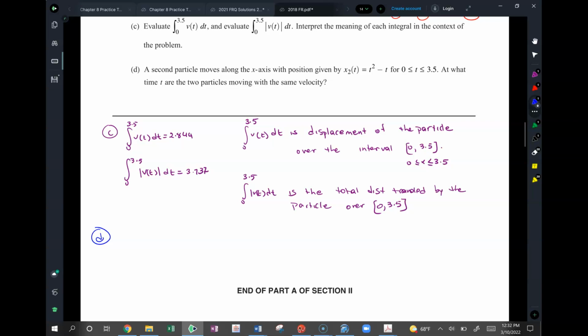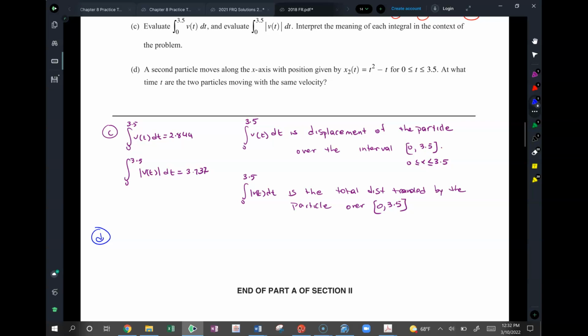Can you do that? How would you do that? You gotta find the derivative of this one and set it equal to the other one. Okay. Good. So you have to find the derivative of this because then that would give you v2 of t, right?